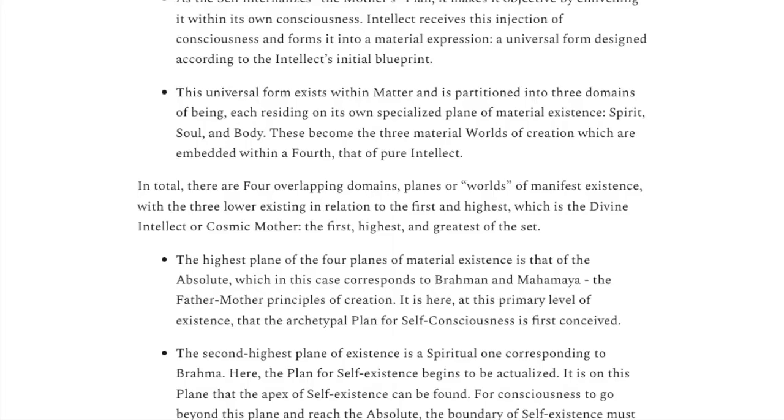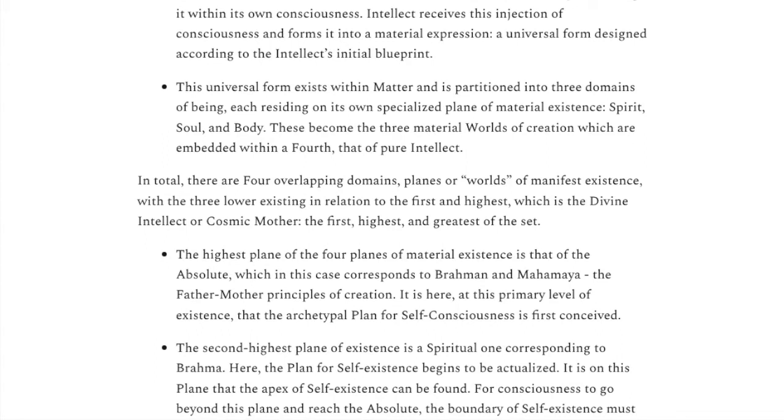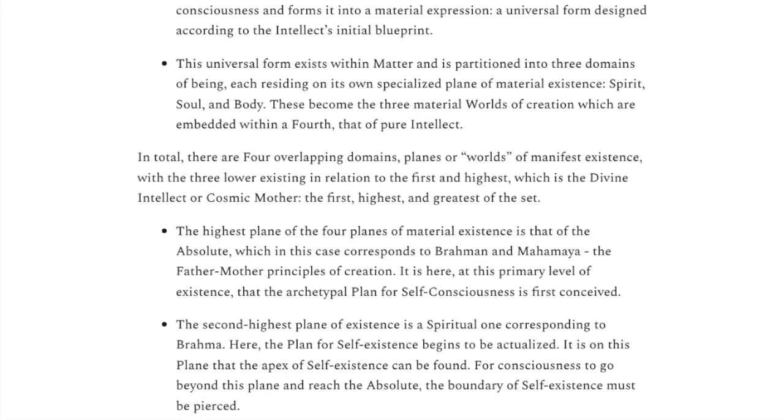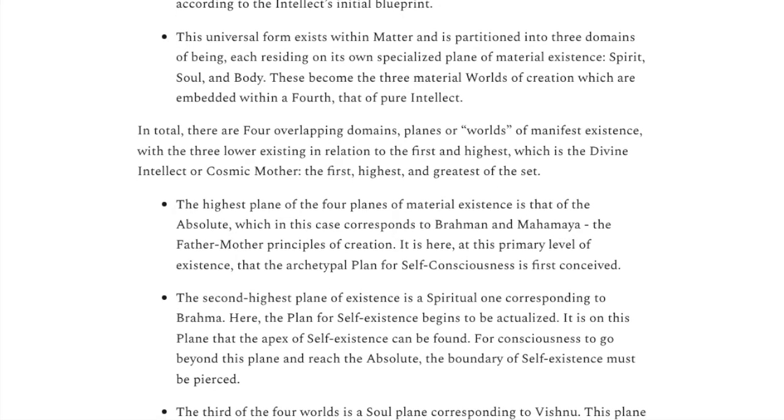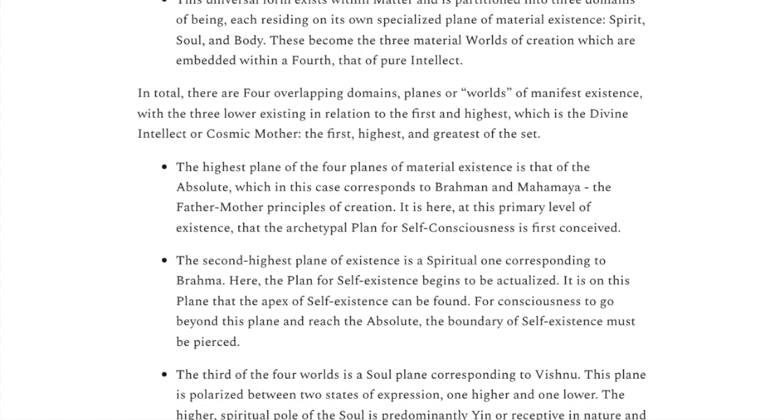So the highest plane is that of this pure intellect and the host of this pure intellect, which is the Brahman, which is the absolute self. So it is here at this primary level that the plan for the self is first conceived, and then the self actualizes this plan across the lower three worlds.